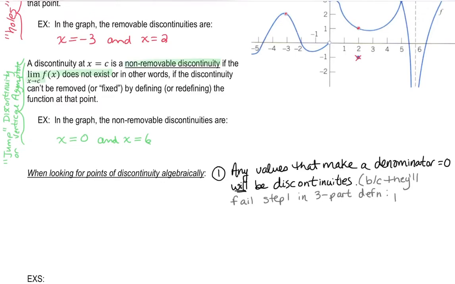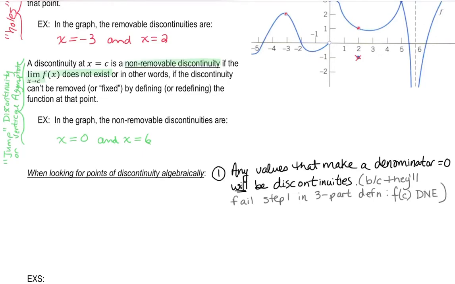For whatever these values of c, f of c won't exist.